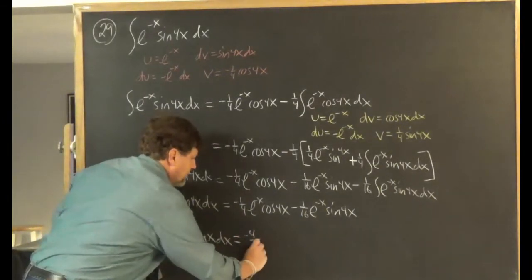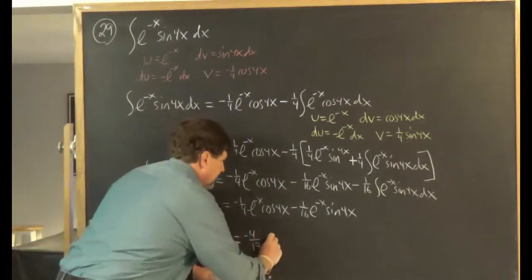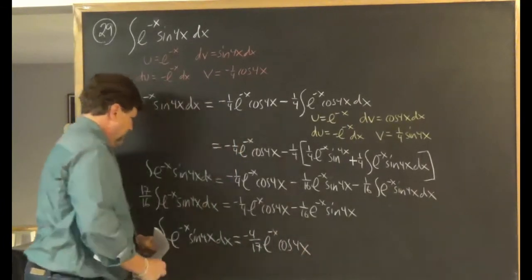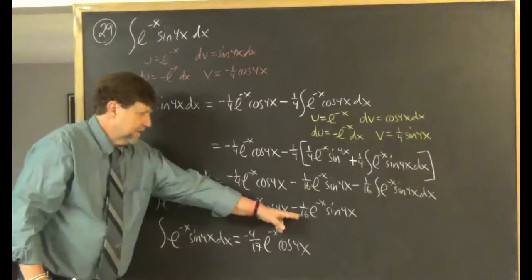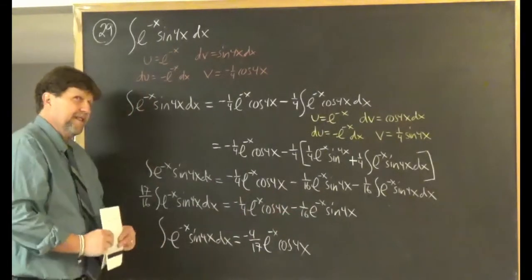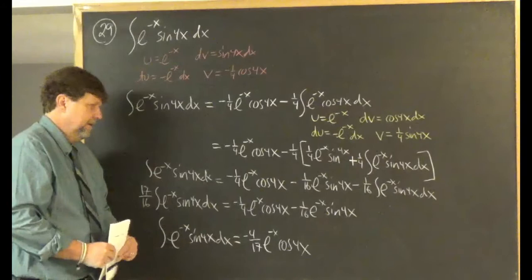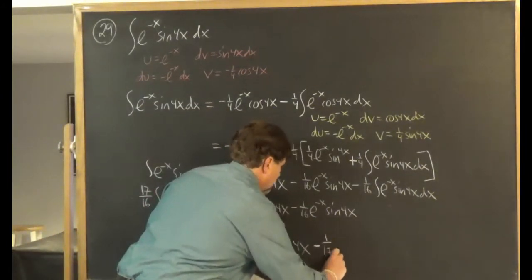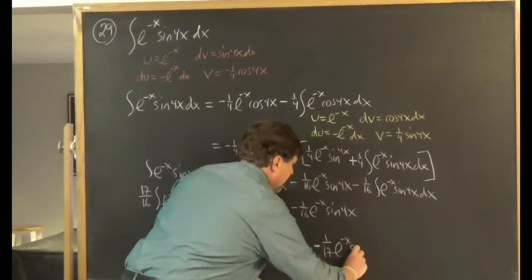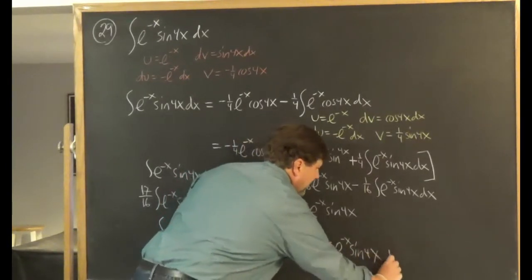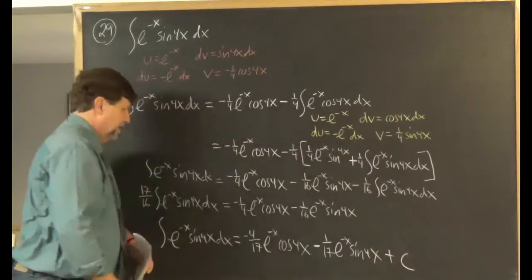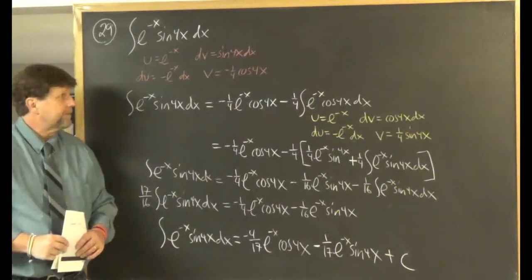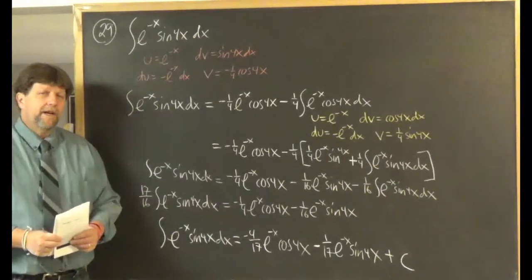Oh, fun with fractions. Negative 4/17 e to the negative x cosine 4x. When this gets multiplied by 16/17, that's a 1/17 e to the negative x sine 4x. Oh, and then I better remember at the end to tack on the plus c. Ugly fractions. That's all there was to 29.